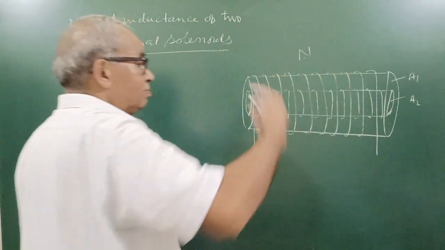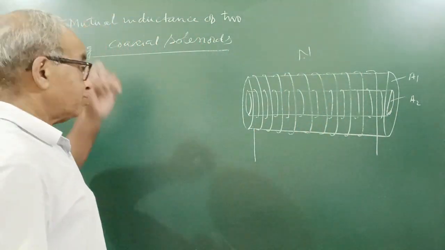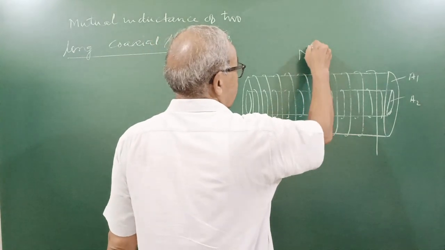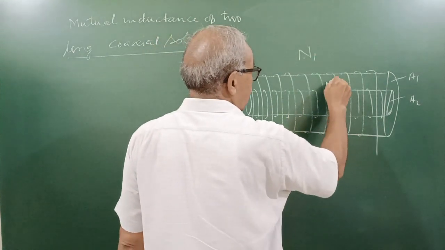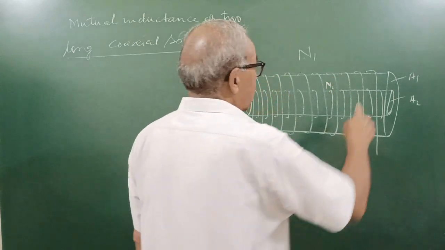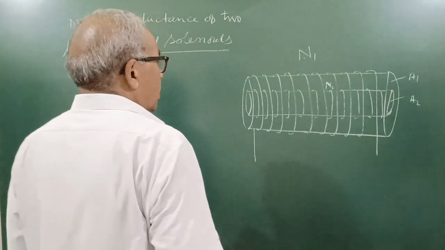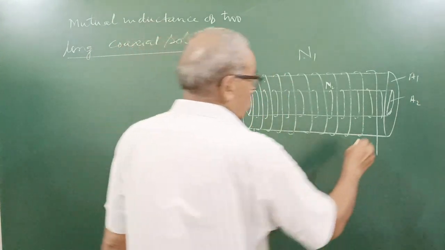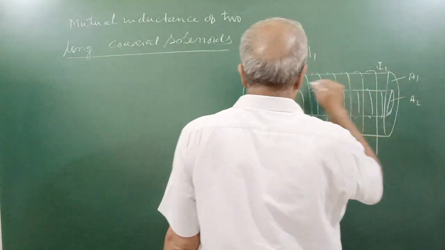They have made a spiral spring. So let N1 be the number of turns of the outer coil, N2 here, areas A1, A2. Let current I1 be passed through the outer coil.